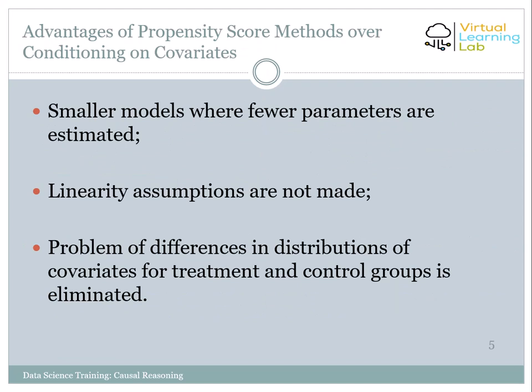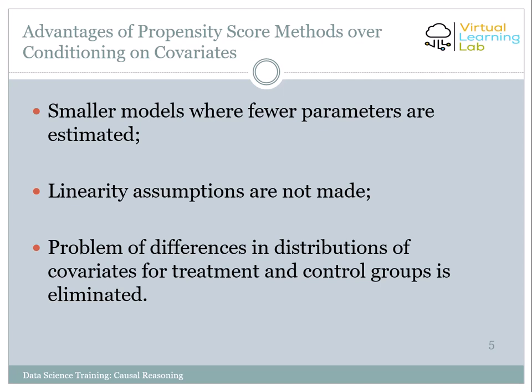So propensity scores allow you to use smaller models because it doesn't really matter if you have 30 covariates or 50 covariates or 80 covariates used to estimate propensity scores. Once you balance treatment and control groups with respect to propensity scores, you can set those covariates aside and estimate the average treatment effect, or any treatment effect of interest, without them.